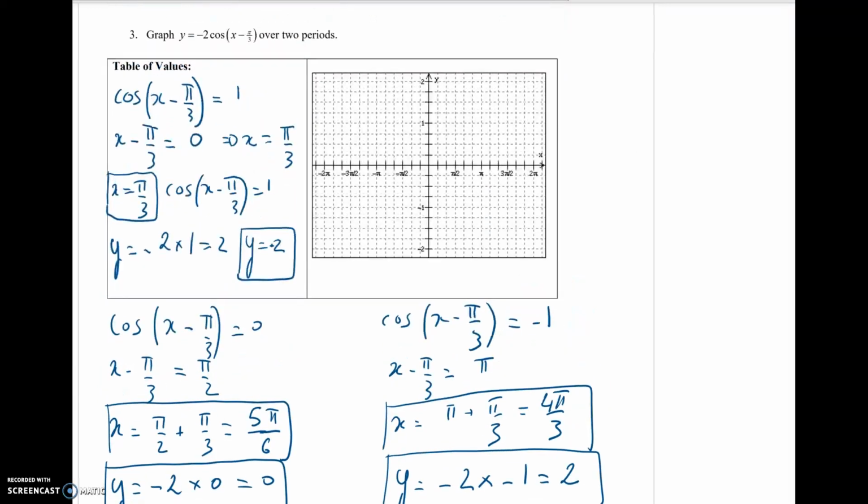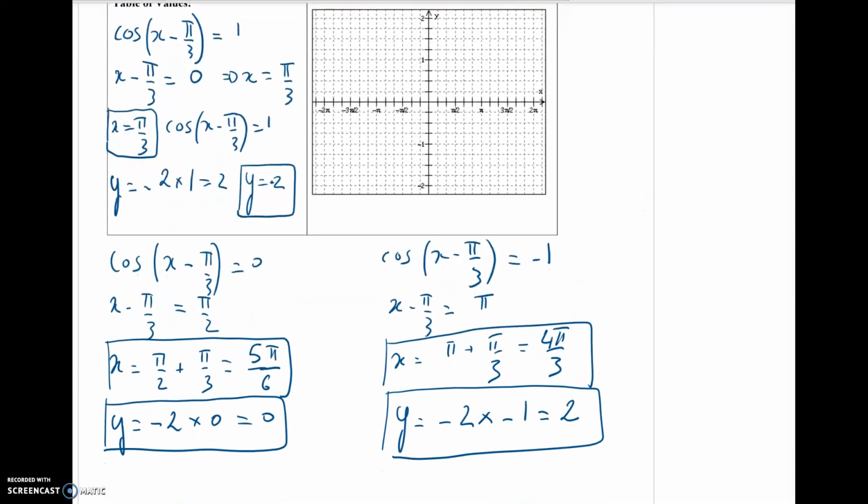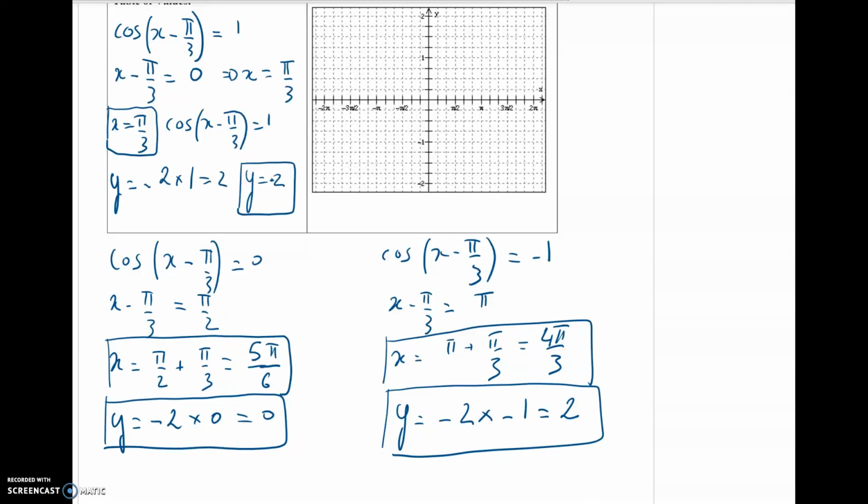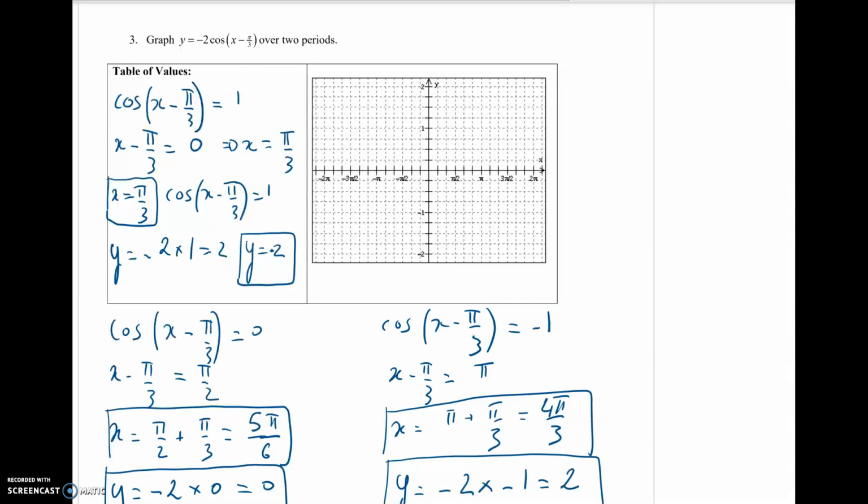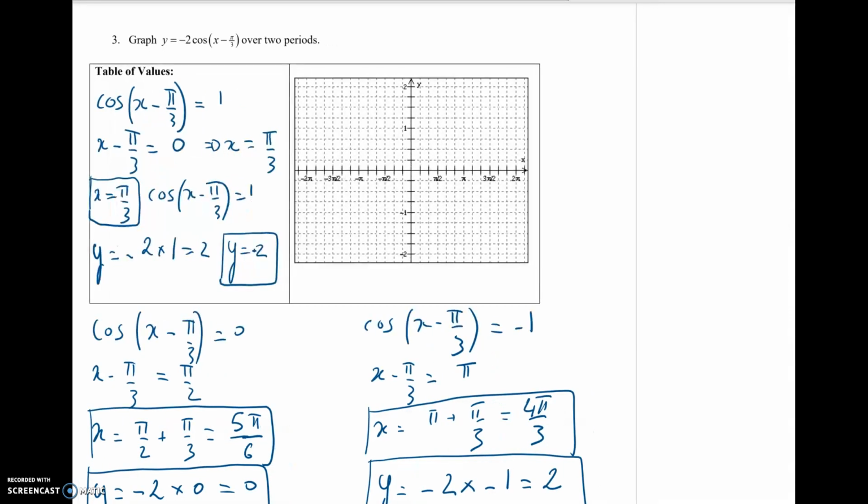So I have cosine equal to 1, cosine equal to negative 1. Remember that the cosine of my angle x minus pi over 3 is equal to 1 when the angle x minus pi over 3 is also equal to 2 pi.